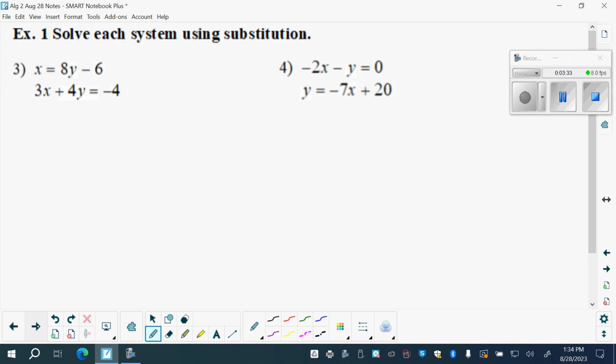Okay, so now we're going to solve the system using substitution. That's the goal today, is to solve by substitution. When we have substitution, we want to have a variable by itself on one side of one equation. So what variable is by itself? X. So it is equal to 8y minus 6.